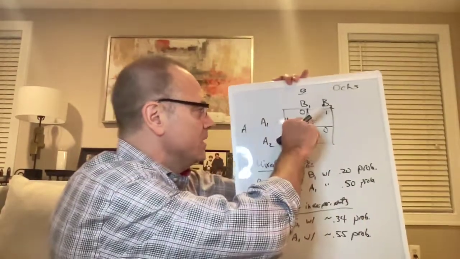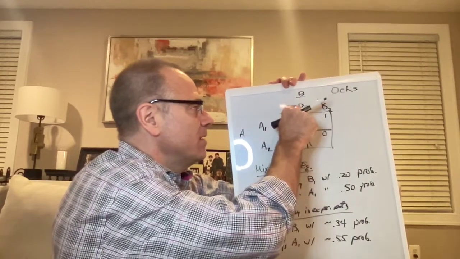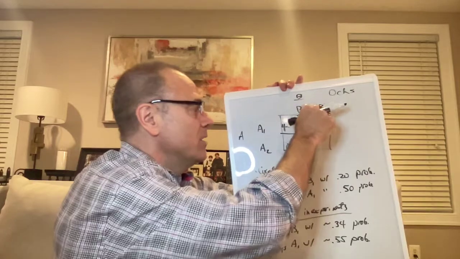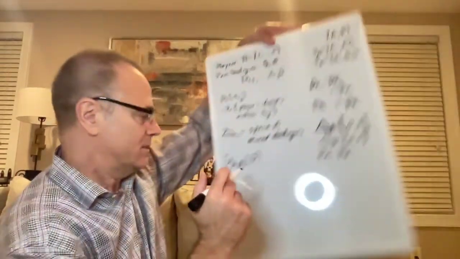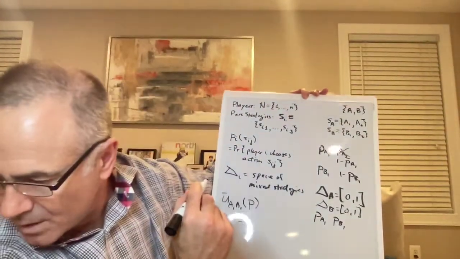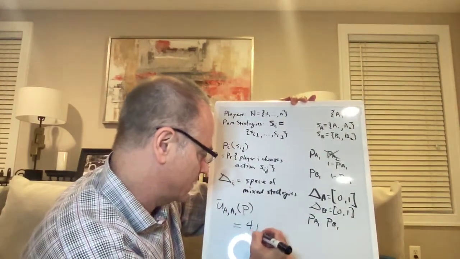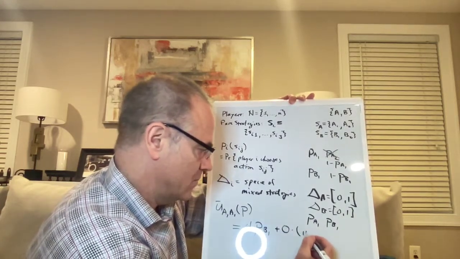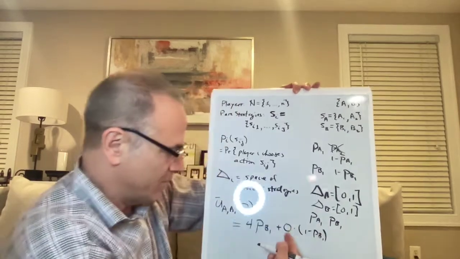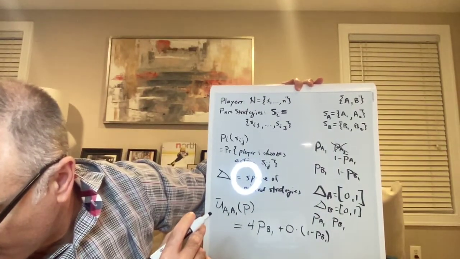So now, if A plays A1, A's payoff is 4 times the probability B plays B1 plus 0 times the probability B plays B2. So this is going to equal 4 times PB1 plus 0 times 1 minus PB1. I didn't need to write that 0. It just equals 4 PB1.